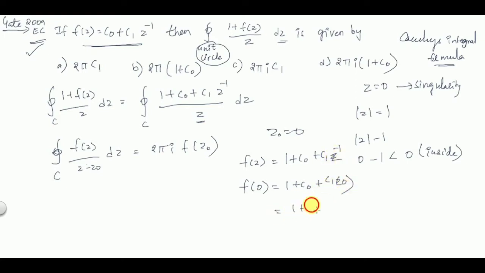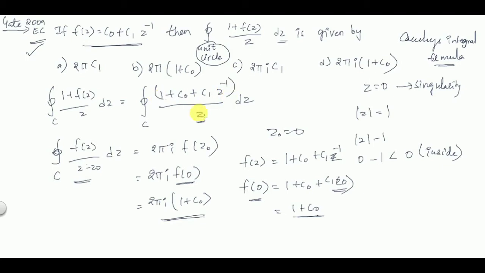So it will be 1 plus c0, because c1 into 0 is 0. So this is the value of f of 0. So this is 2 pi i into f of 0, but f of 0 we have obtained as 1 plus c0. So it will be 2 pi i into 1 plus c0. Okay, so this is the final answer. This is what he has asked.